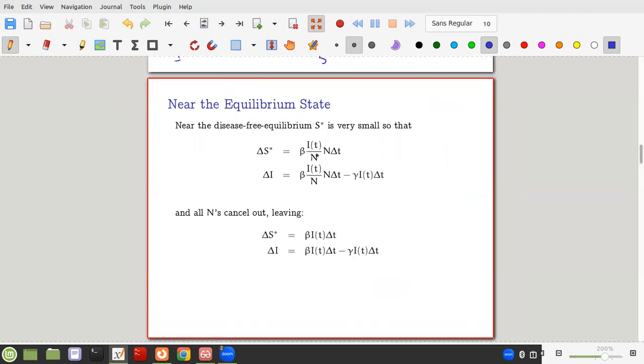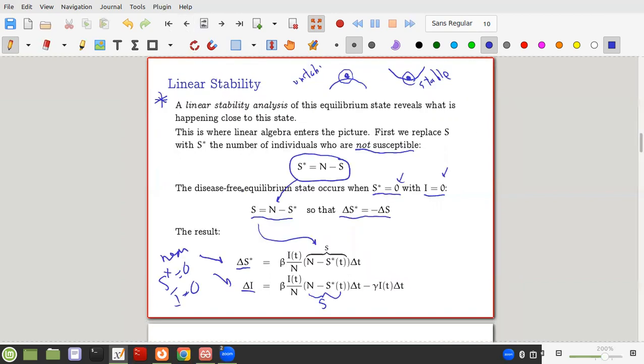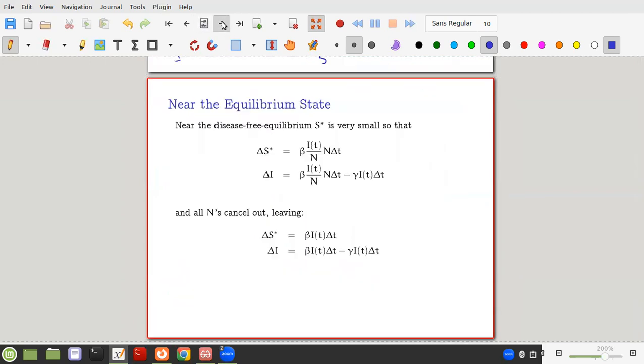So what's happening is that in these terms, we're going to use the fact that S star is very small, because N is really, really large. So we're going to neglect, just throw away the nonlinear term here, because we've gotten a remaining term here, which is the linearization of it.